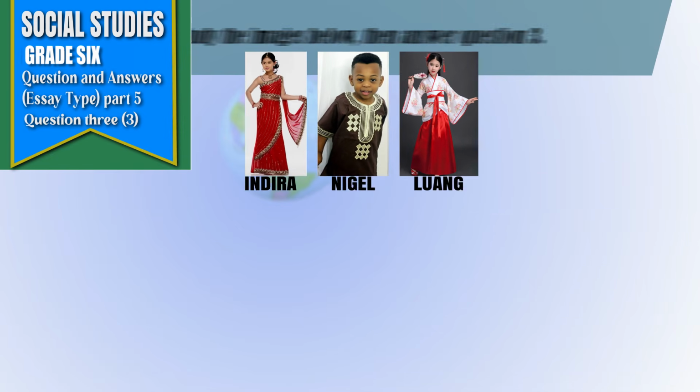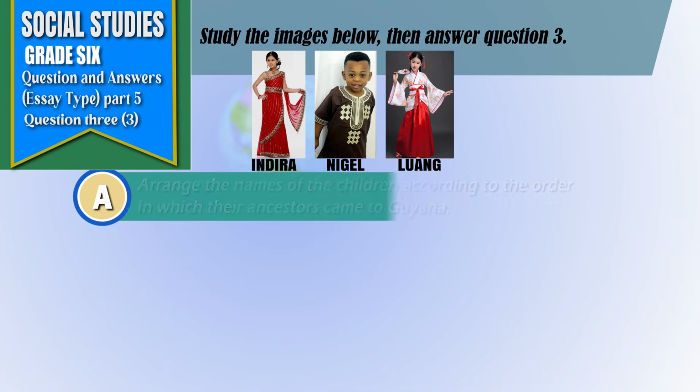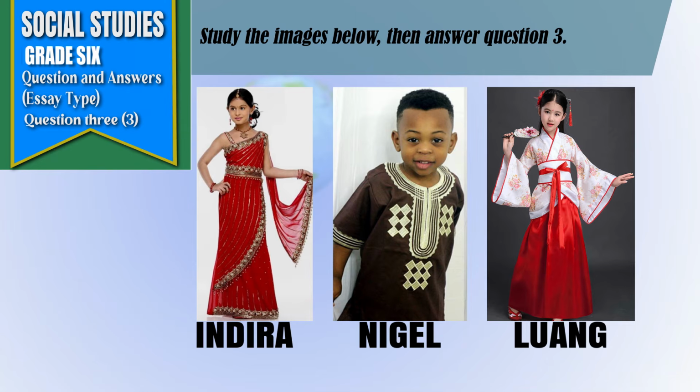For question 3, you had to study the images below and then answer. So A, arrange the names of the children according to the order in which their ancestors came to Guyana. If you look carefully, you would notice that Indira is representing East Indians, Nigel is representing Africans, and Luang is representing the Chinese.